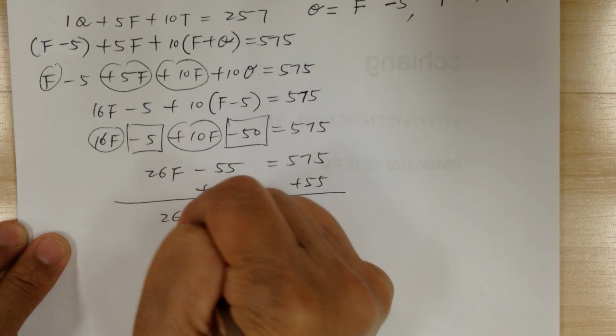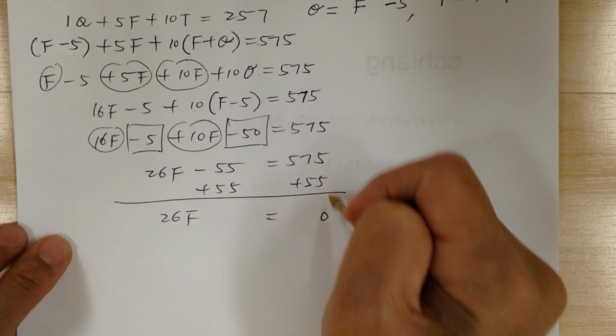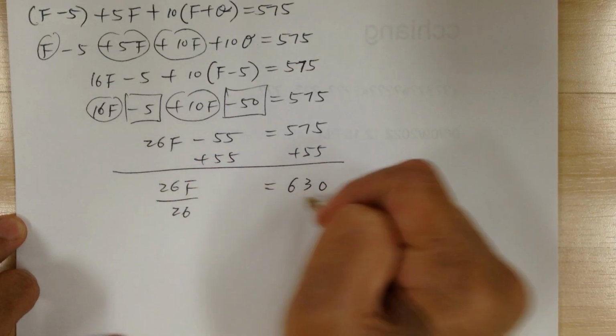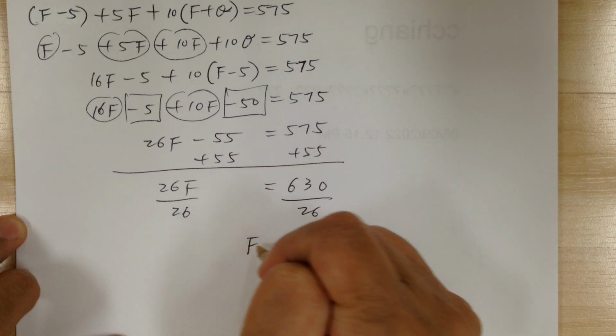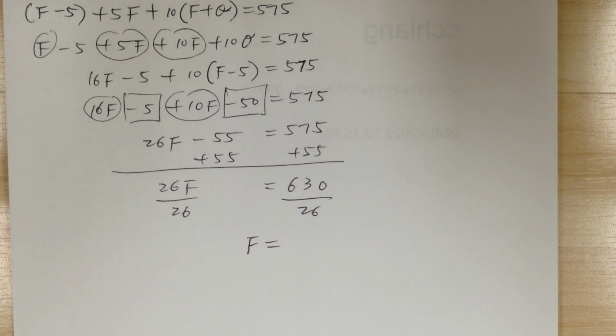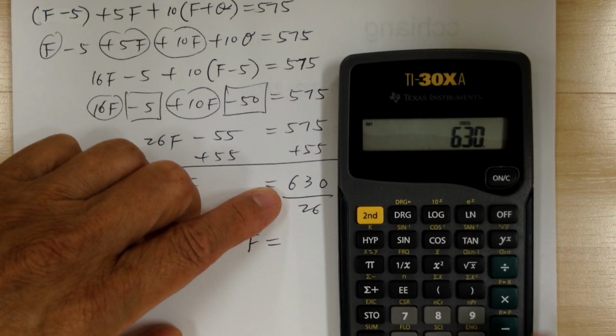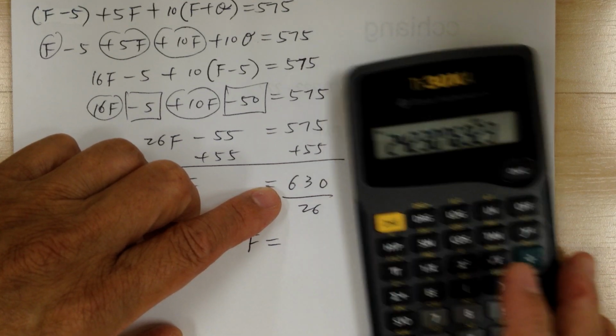So I got 26F equal to 630. Divide by 26 on both sides. So F equal to, you can get a calculator and work it out. So you go 630 divided by 26.